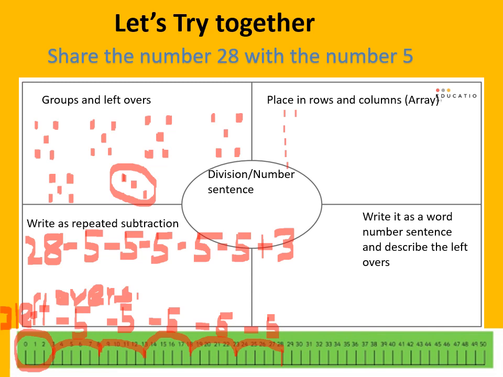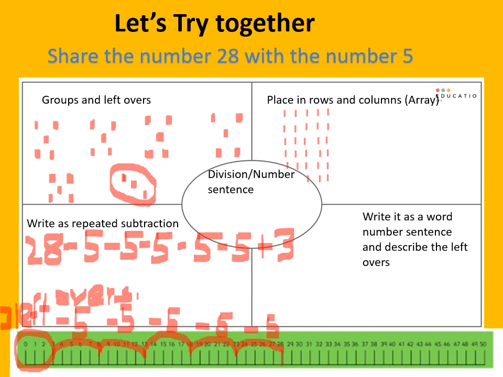So 1, 2, 3, 4, 5, and again 1, 2, 3, 4, 5, and again 1, 2, 3, 4, 5, and again 1, 2, 3, 4, 5, and final one 1, 2, 3, 4, 5 plus we've got our 3 left over, so that will be our shorter line. Okay, so we were able to place it in rows and columns.